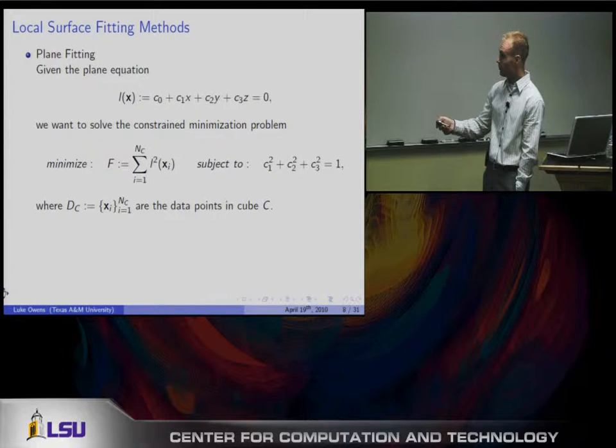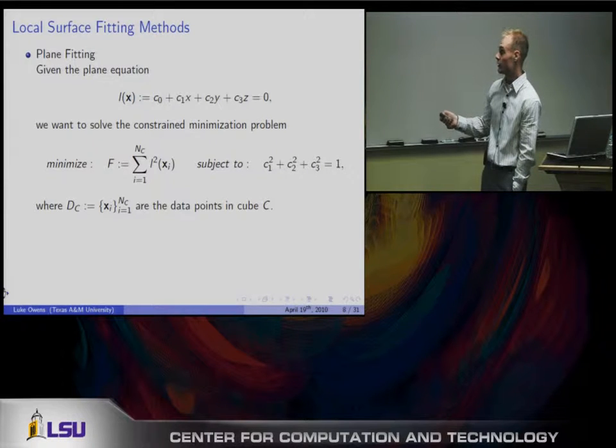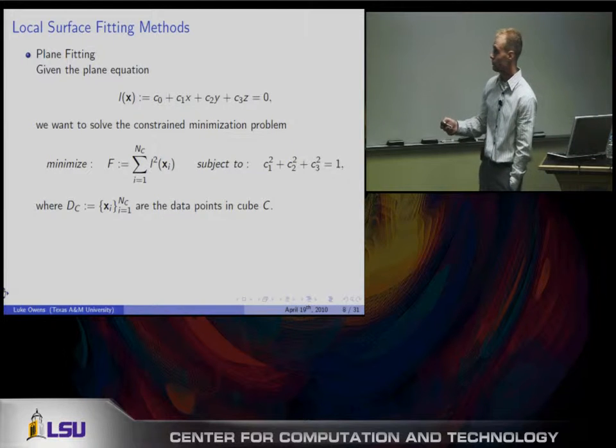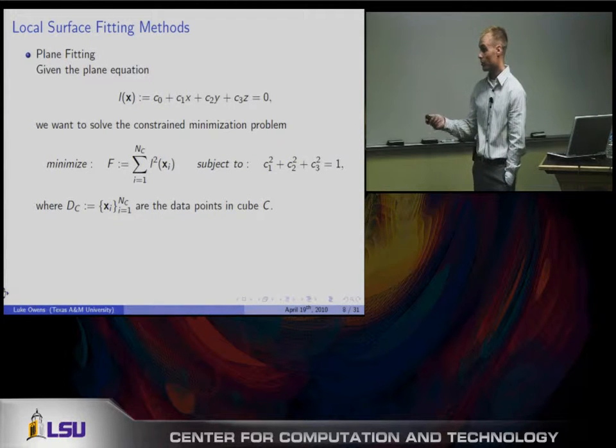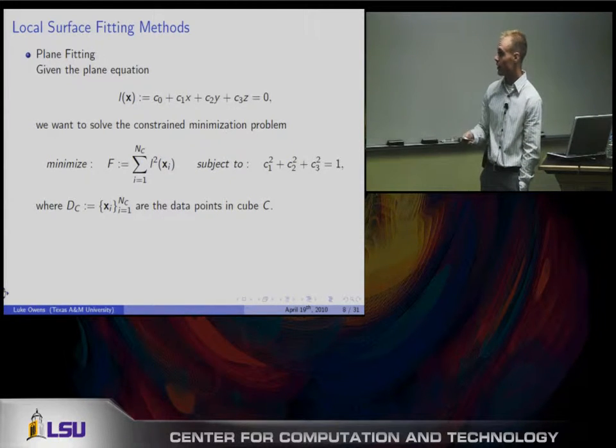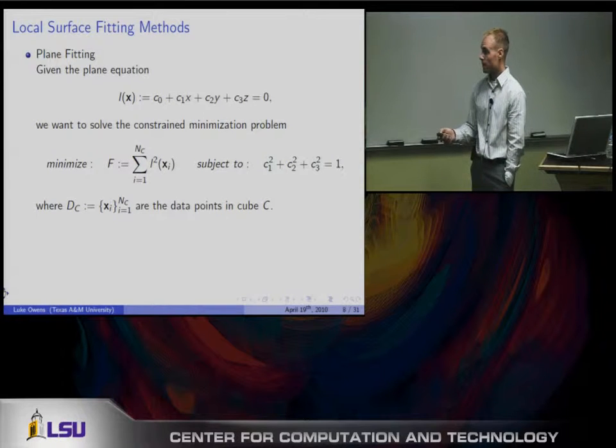This sum here is easily minimized if C0, C1, C2, and C3 are 0. So we can't have that, clearly. So we just put the constraint here that the norm of the normal to the plane has to equal 1. DC represents the data points in the cube.